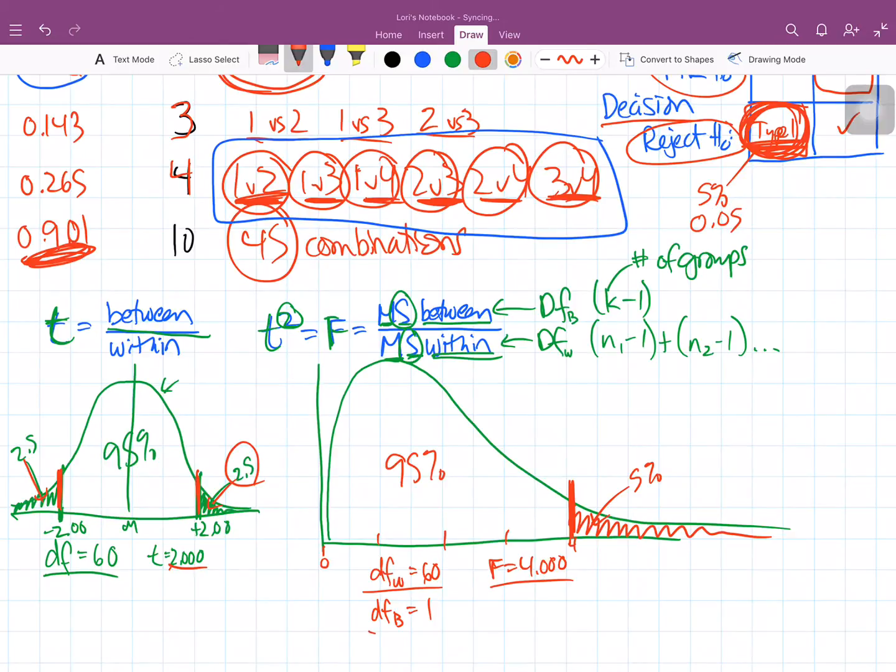Now, as the degrees of freedom between changes, if it goes up and down, then the shape of this curve again keeps changing, just like our t-distribution here changes depending on the degrees of freedom. And there are now 2 dimensions that those degrees of freedom are changing, both in the numerator and in the denominator.